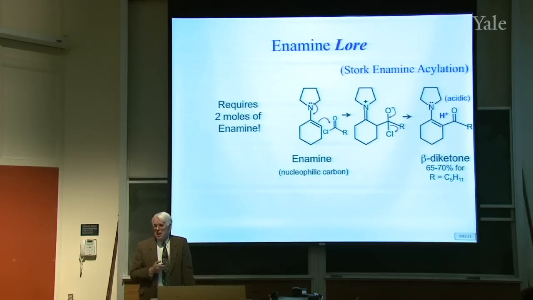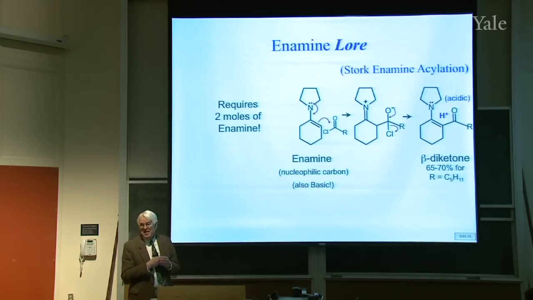Now, can you think of anything that would be a base in here? Notice we identified the enamine as a nucleophile. But nucleophiles are also basic, right? So this product transfers a proton to a mole of enamine, right?